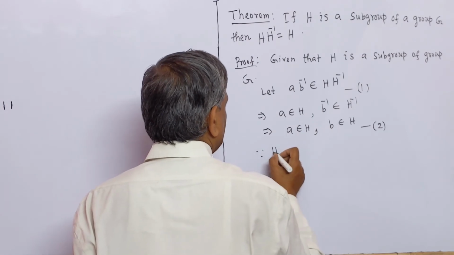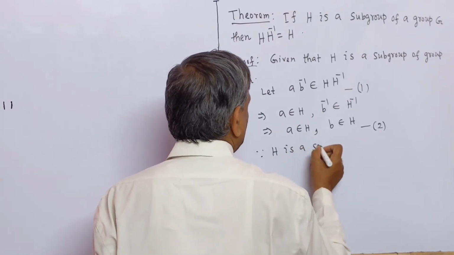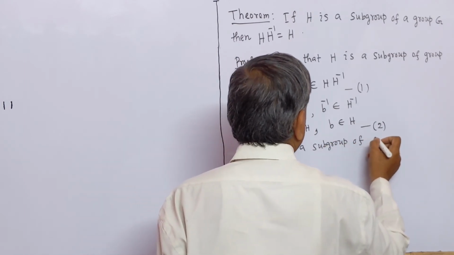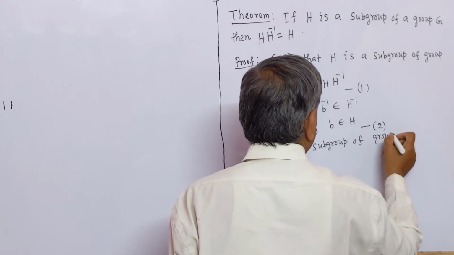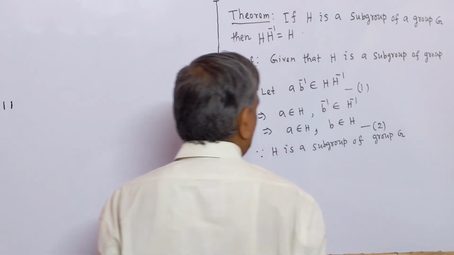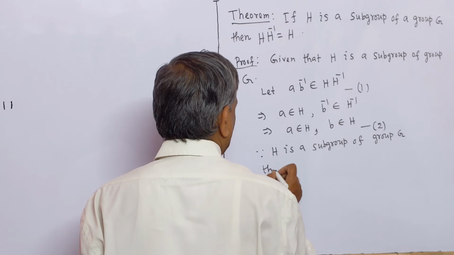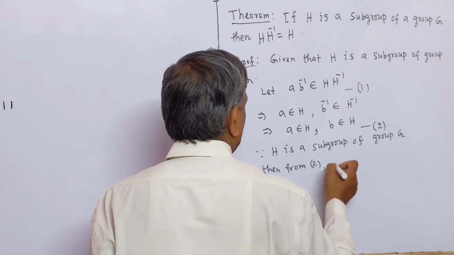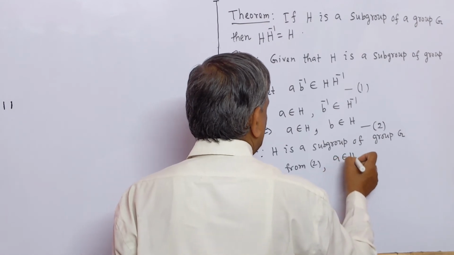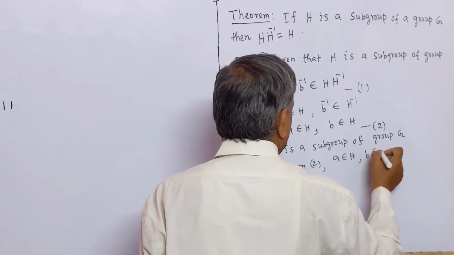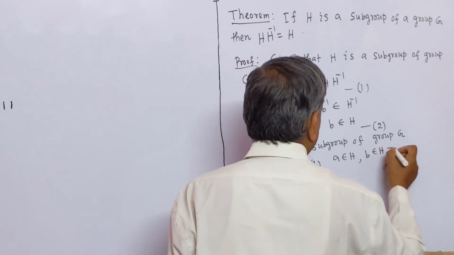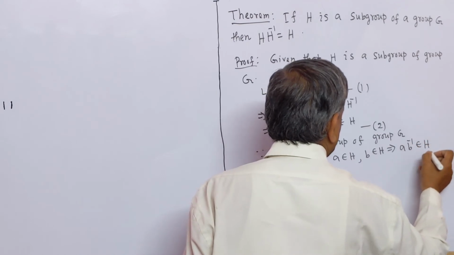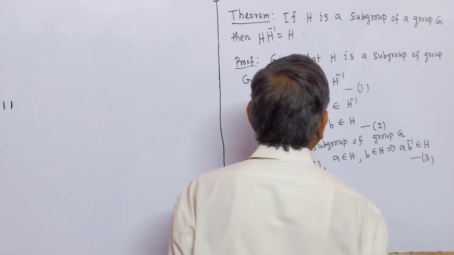Since H is a subgroup of group G, then from 2, a belongs to H, b belongs to H, implies that ab inverse belongs to H. This is number 3.